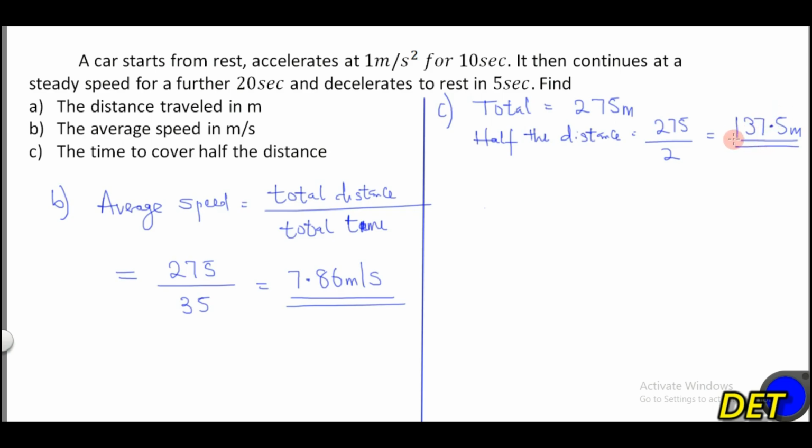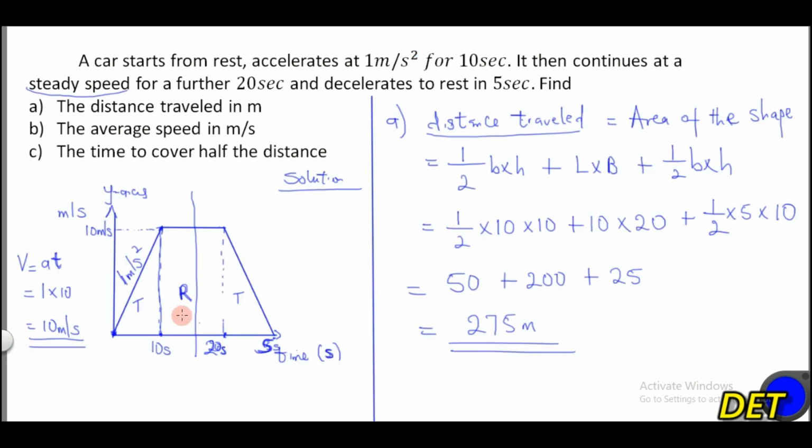Then what is the time that is required to cover half this distance? So first of all, you should know that from here to here, what is the distance that is covered? That's the first thing that we would look for, right?